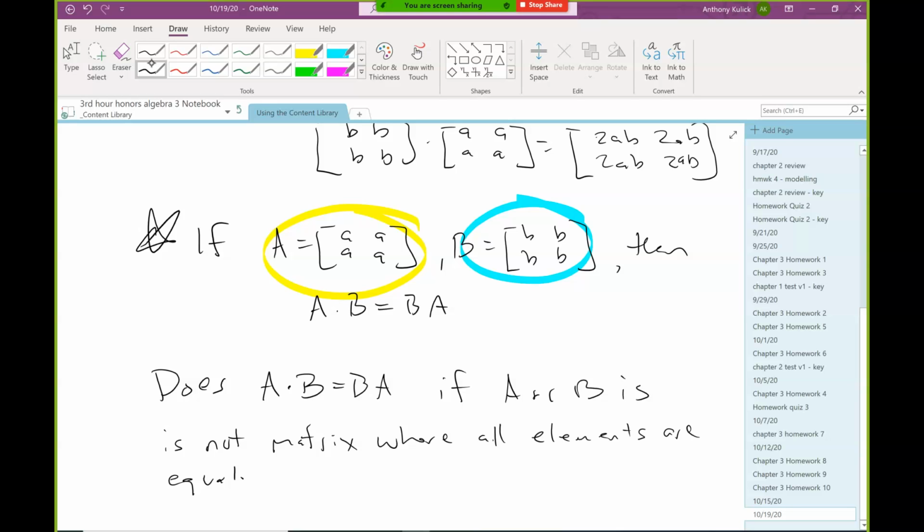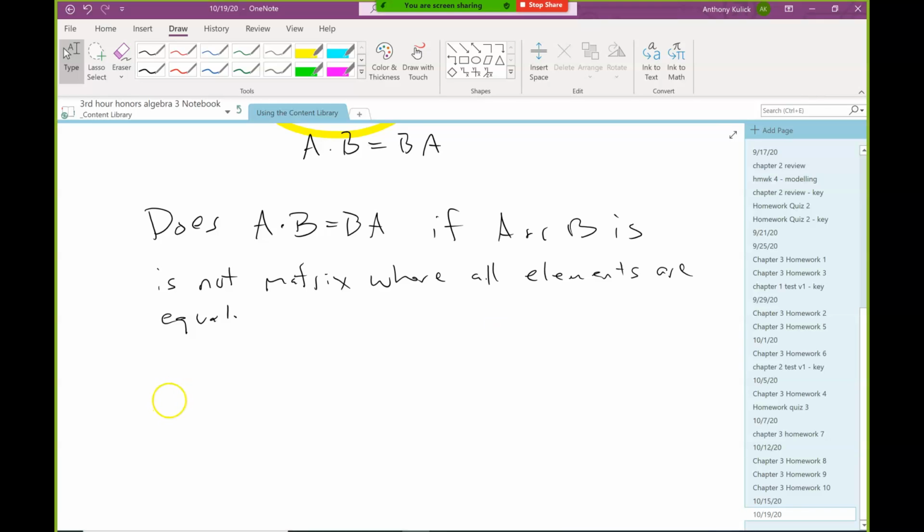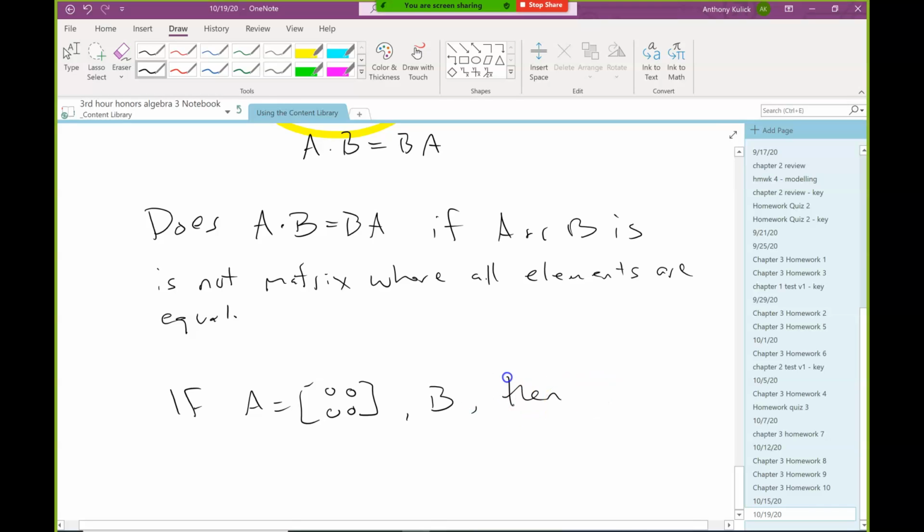So if A is all zeros and B can be whatever, then A times B is going to equal B times A, because both of them are going to equal the zero matrix, right?